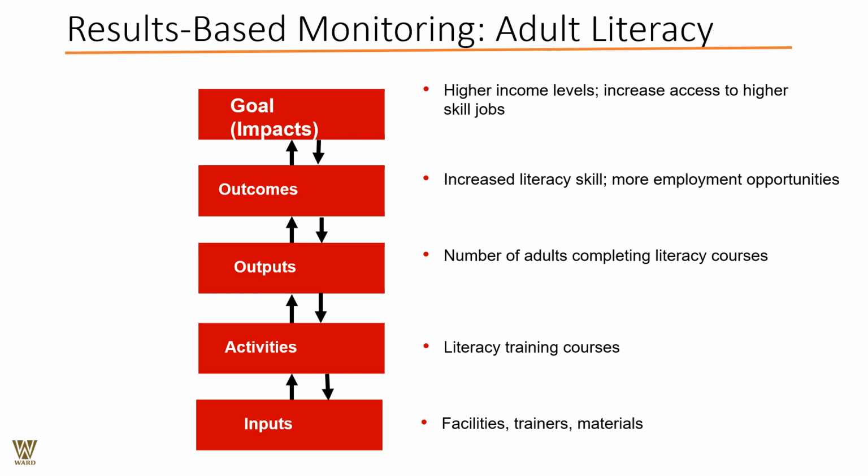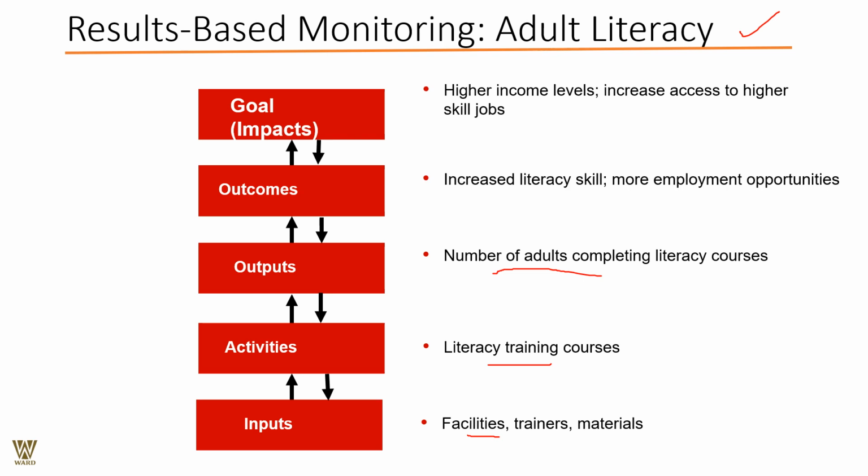Let me give you an example from the perspective of adult literacy. The inputs are the facilities, the trainers, the materials, and the trainees. The activities are the programs, the training courses. The outputs are the number of persons graduating or completing the literacy courses, becoming literate enough to study on their own and comprehend a certain amount of written words and documents.